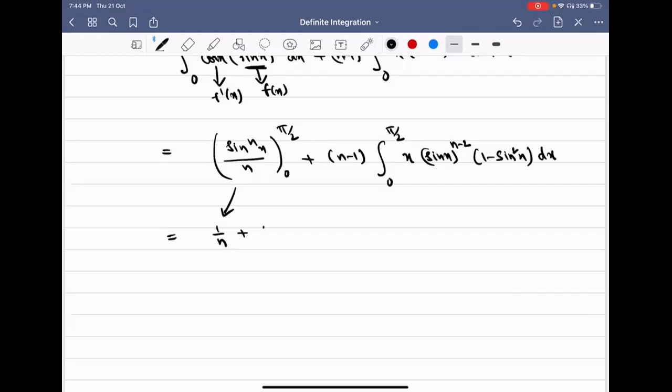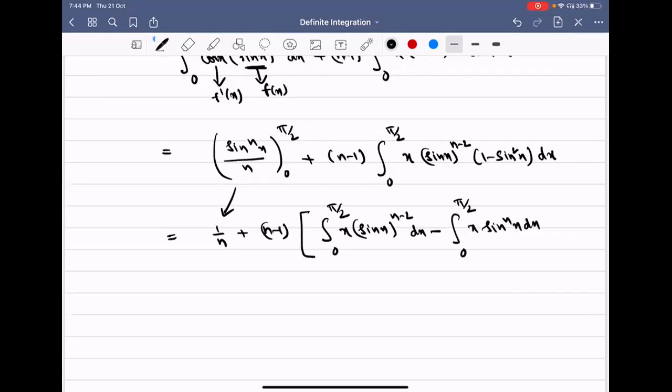So this is 1 by n plus n minus 1 times integration of 0 to pi by 2. If you separate it, that is x into sin x power n minus 2 dx minus integration of 0 to pi by 2 of sin power n minus 2 x into sin square x, that is x into sin power n x dx.